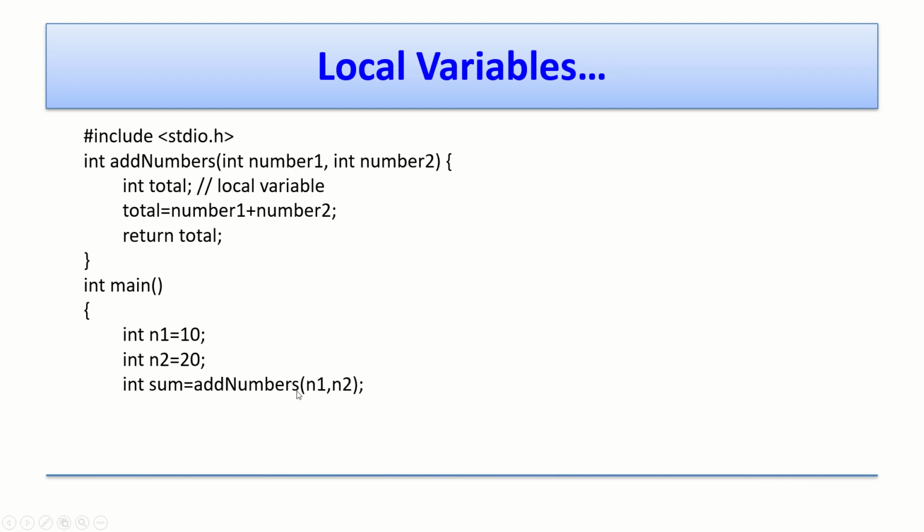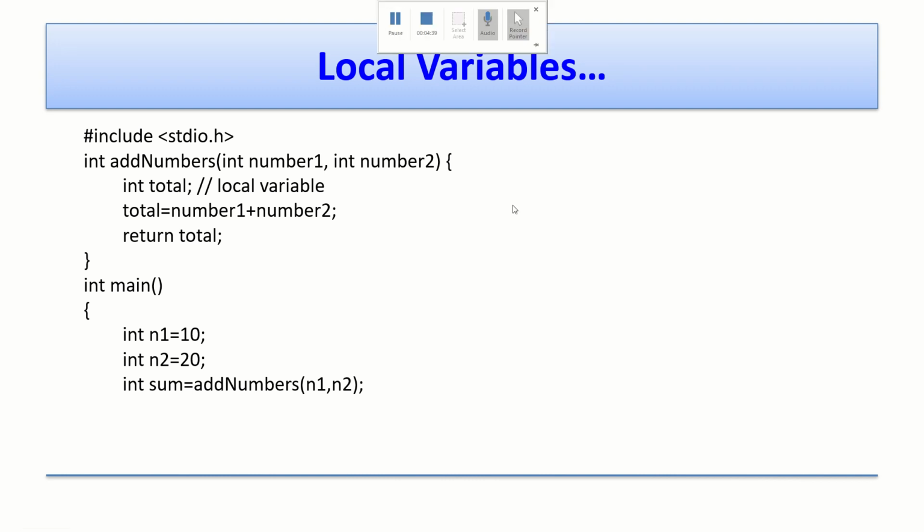It takes n1 to number one and n2 to number two, then calculates the summation and returns the value of total. Then that total comes here and is assigned to the variable sum.